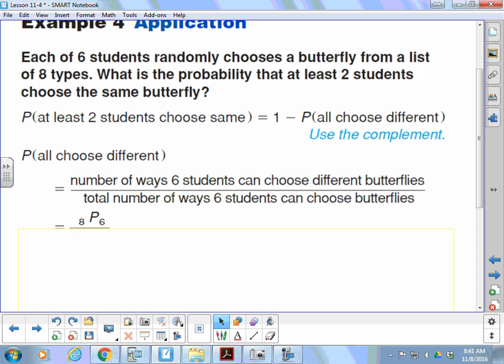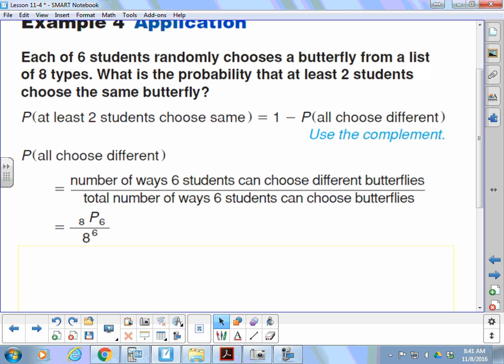Okay. Now the total is just going to be 8 to the power of 6, because Jake has 8 choices for a butterfly, Jamie has 8 choices, Cody has 8 choices, Molly has 8 choices, Sonia has 8 choices, and Hala has 8 choices.